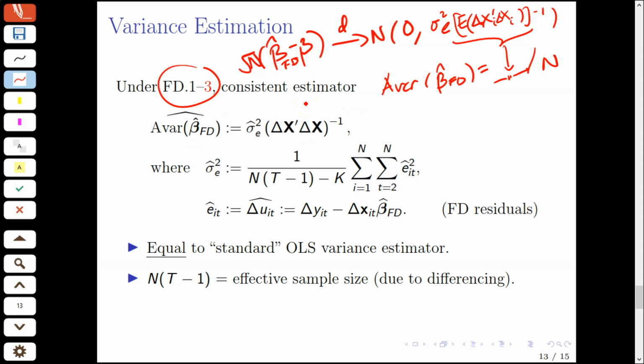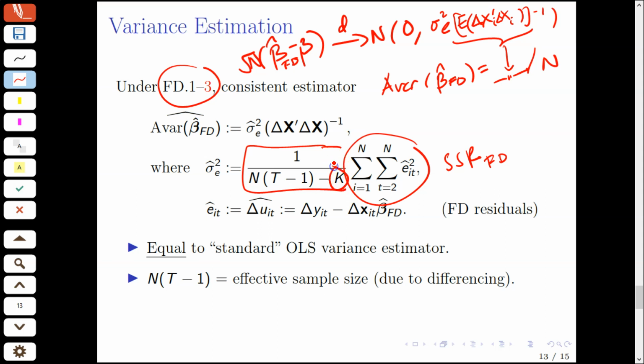Now, a consistent estimator of sigma squared e is obtained from the usual calculation, where we gather the sum of squared residuals from the first difference estimation, and then we average them.